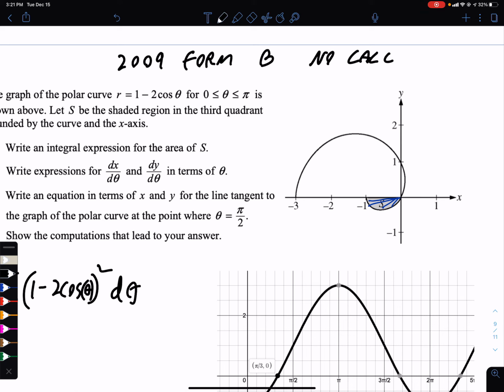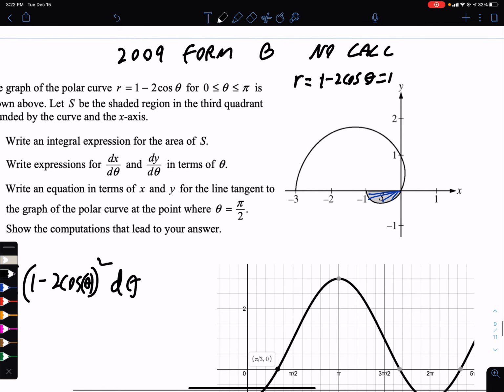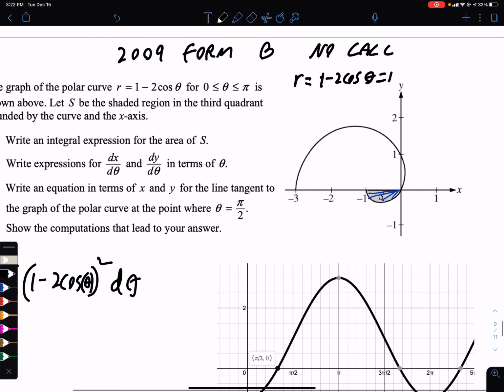I want to know when r either equals 1 or possibly -1, right? Because I can get to this point either by going 1 or pointing that direction and going -1. So let me see which one works.